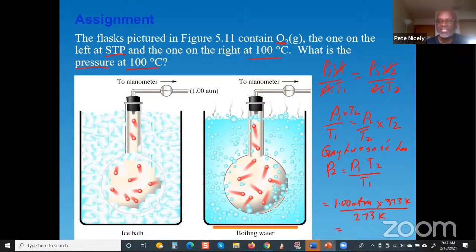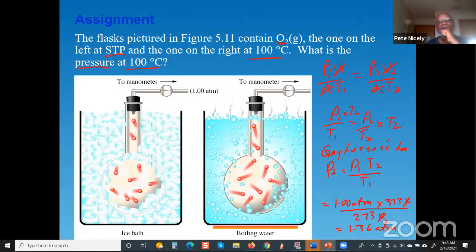So it's going to be 1 times 373 divided by 273. And according to my calculation, when rounded off to 3 sig figs, the answer becomes 1.36, and the units would be atmospheres because the Kelvin units will cancel out here and here. All right. So that's basically how that is done.